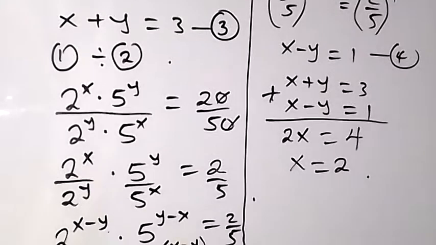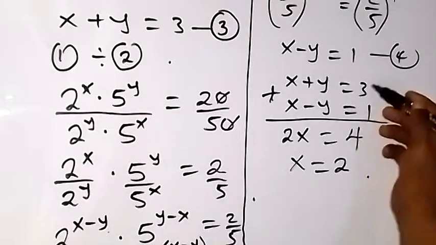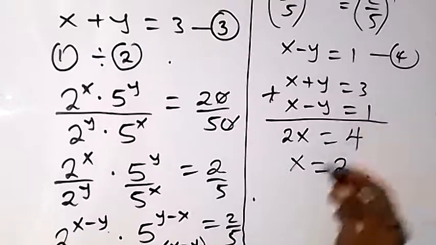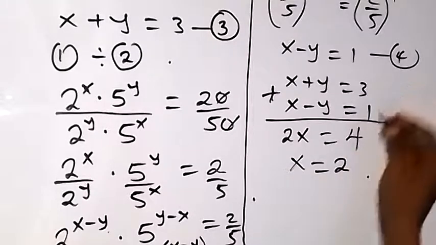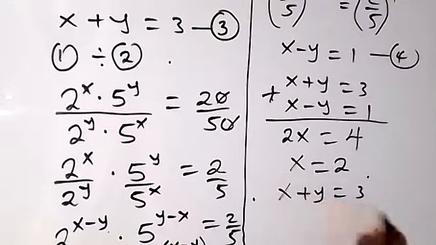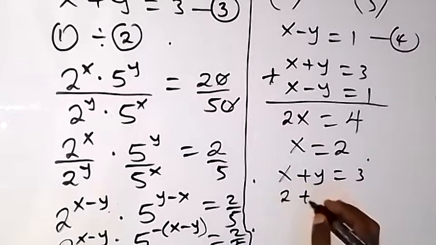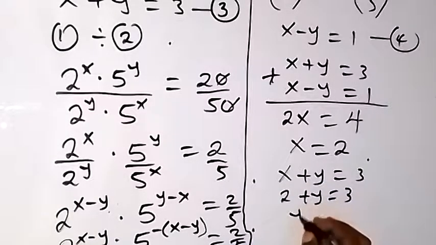We can also get the value of y by substituting x equals to 2 in the equation 3 or 4. So let's use equation 3 here. So from equation 3, x plus y equals to 3. Our x is 2. That means 2 plus y is equals to 3. That means y equals to 3 minus 2 when we take 2 there.